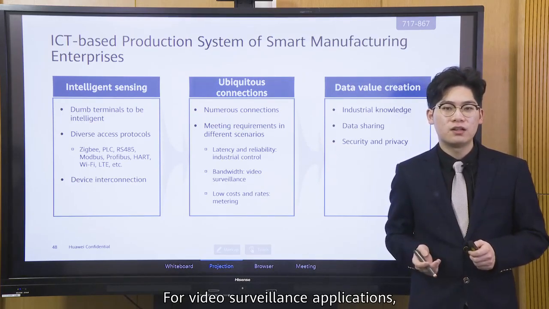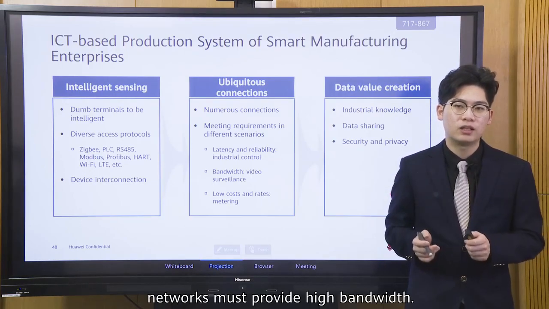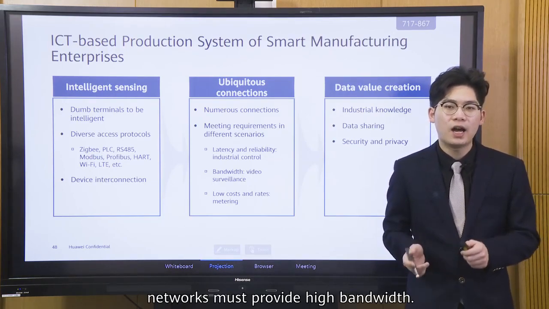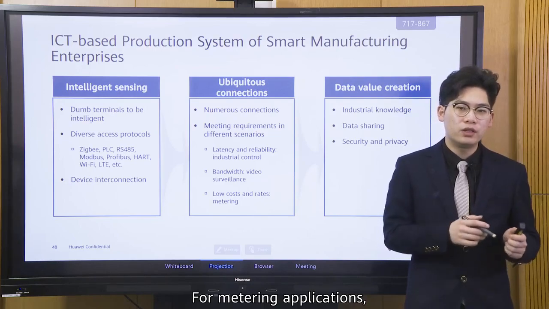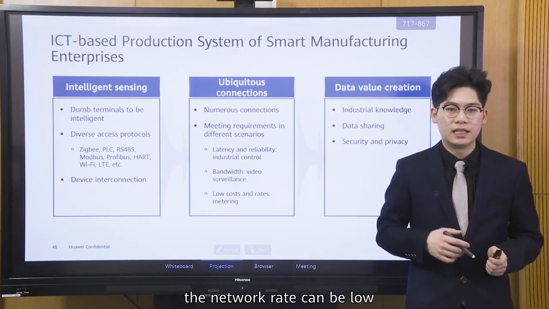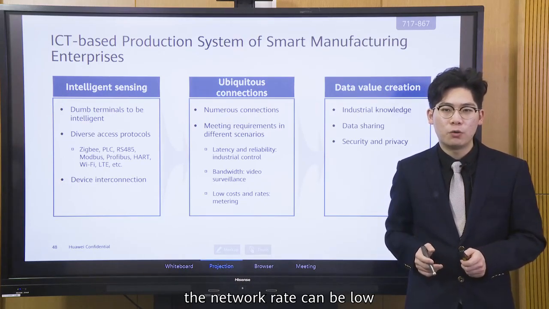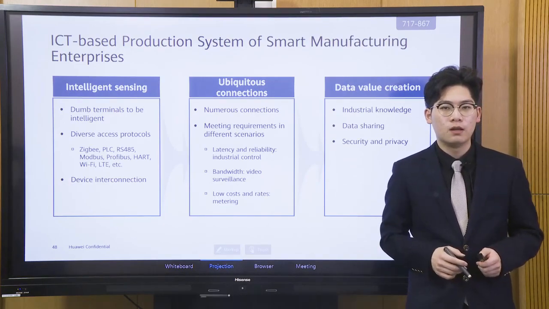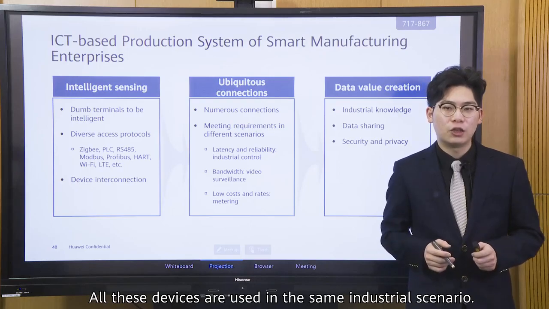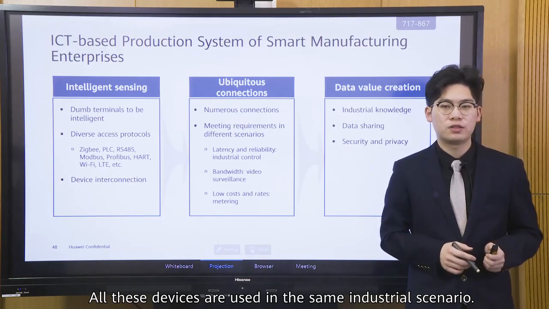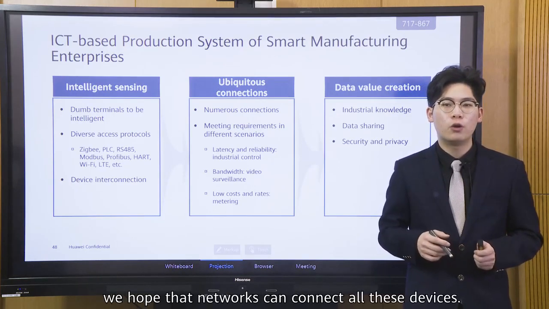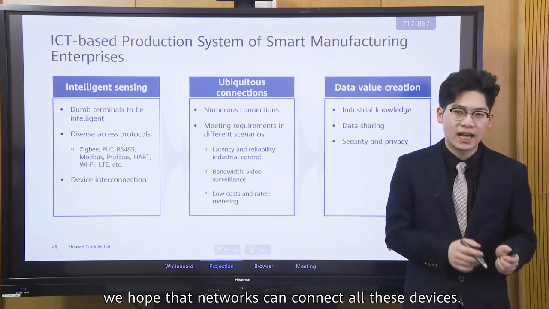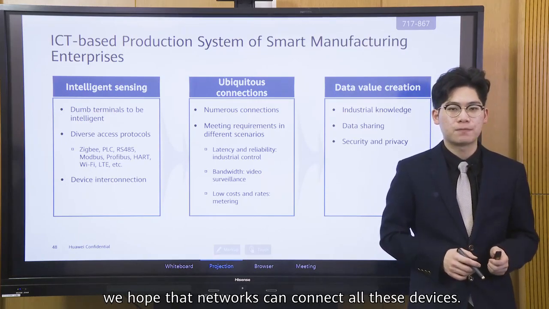For video surveillance applications, networks must provide high bandwidth. For metering applications, the network rate can be low and the network cost must be low. All these devices are used in the same industrial scenario. Therefore, we hope that networks can connect all these devices.